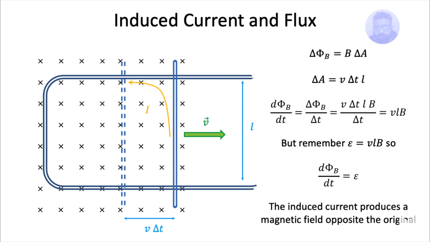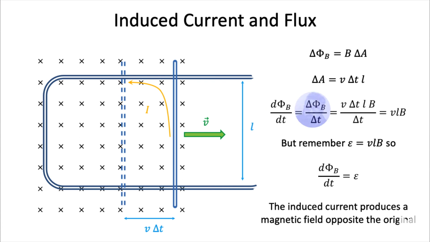So the area that changes in time delta t is just the speed at which the bar moves, which is v, times the length of the bar times delta t. And so the time derivative of the magnetic flux will be just the change of magnetic flux divided by delta t.